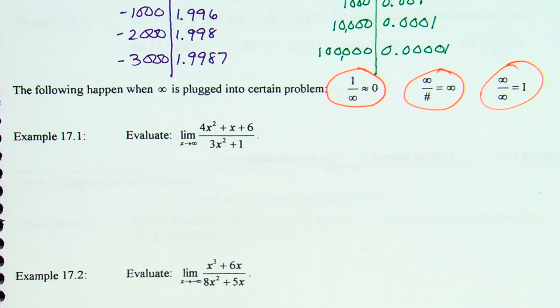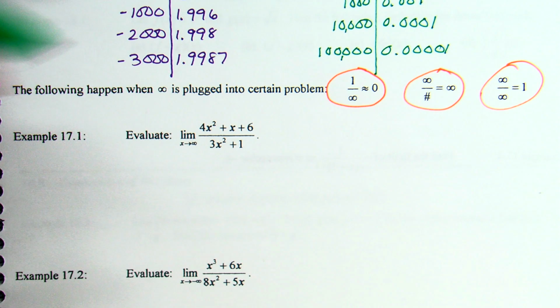And so the technique we're going to use when we're approaching infinity is, and you'll figure out the shortcut eventually, we're going to divide by the highest power that exists in the denominator. So x to what power is the highest power in the denominator? x squared, right?